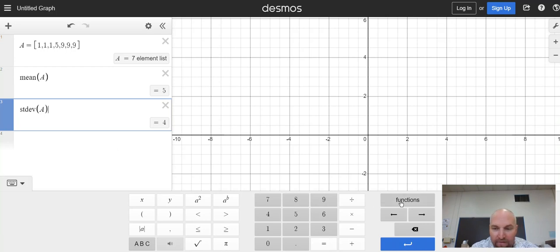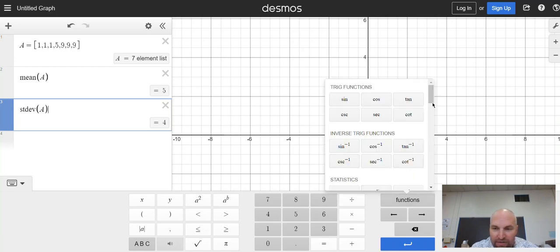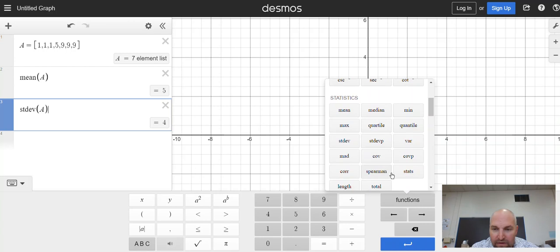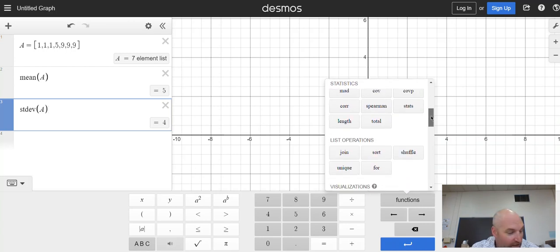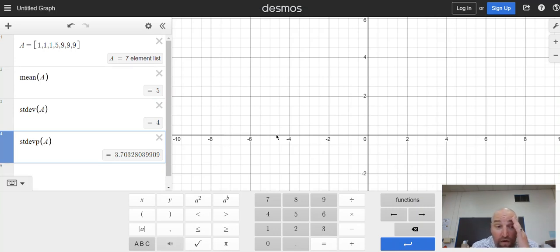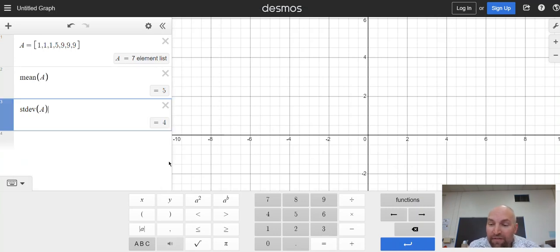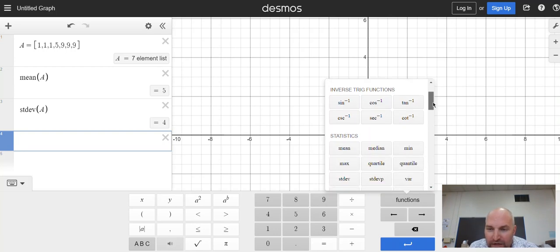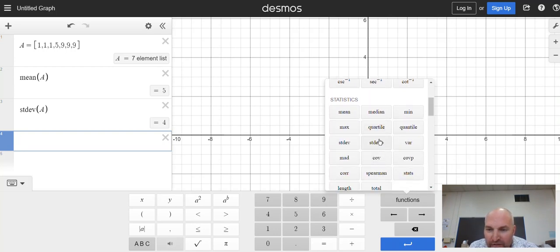Now, there's one more thing I forgot before you go to variance. This is the standard deviation of an entire sample, but if you have to find the standard deviation of a population, you're going to go right here to standard deviation of the population.